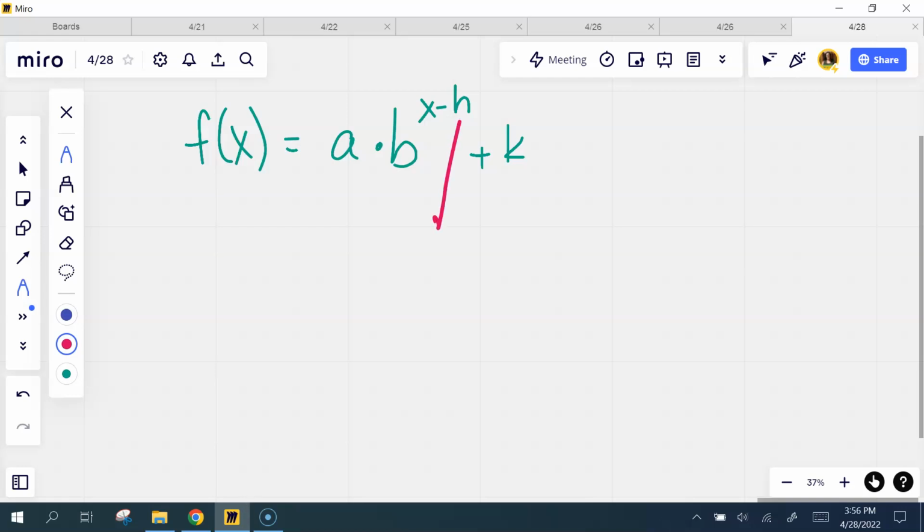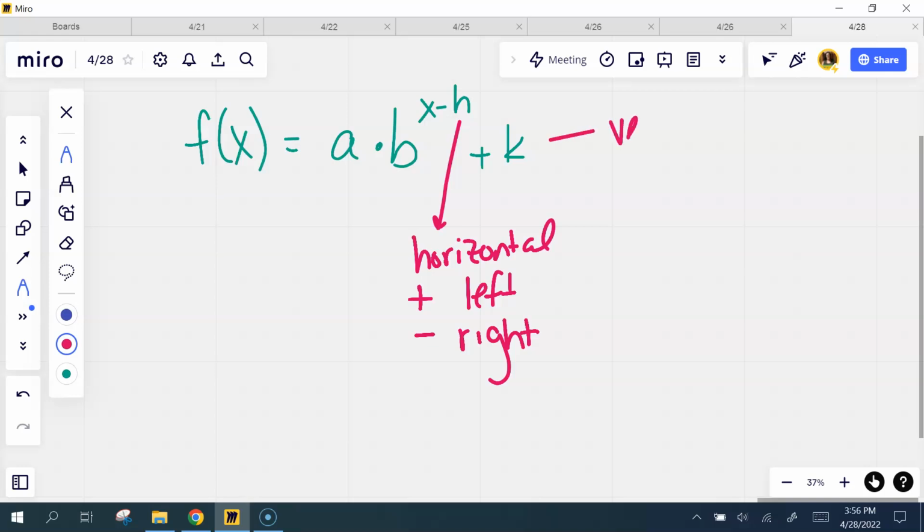The h is, of course, your horizontal shift. Okay, and if it's positive, it moves it to the left, and if it's negative, it moves it to the right. Your k is your vertical shift. If I'm going too fast through these, feel free to pause the video and write your notes down, whatever you need to write, and come back.